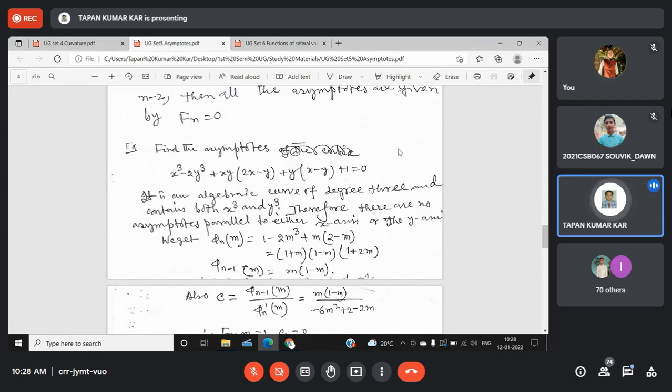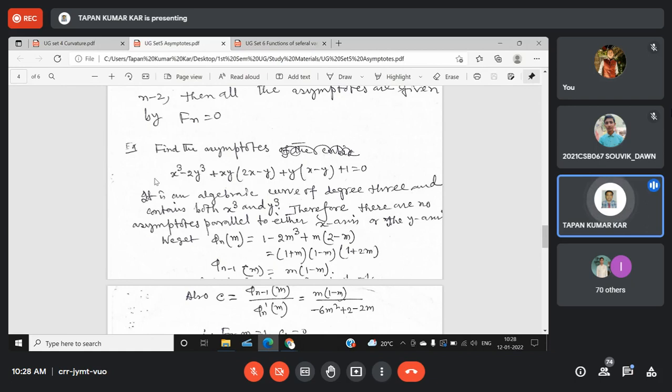Then you have to set x equal to 1, y equal to m, and you will get phi n m, which means the highest degree term. Here phi 3m: the first term is cubic, the second term is cubic, and xy into 2x minus y is also a cubic term. So these first three terms are cubic terms.